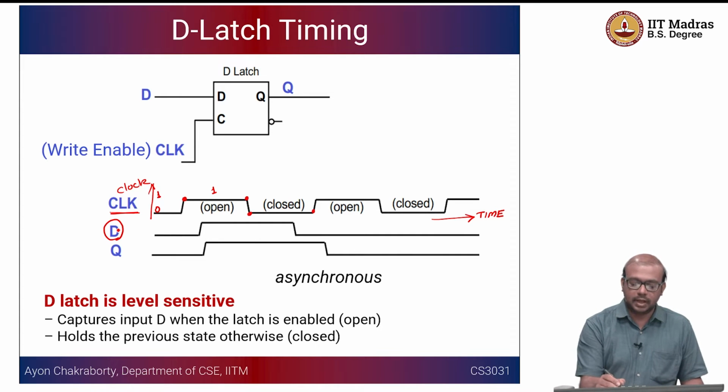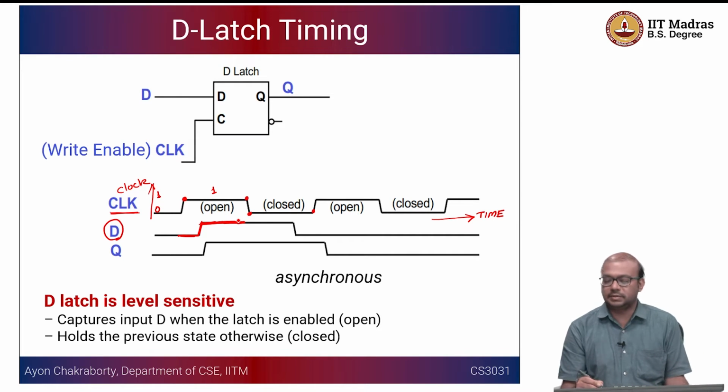This portion of the figure that I am marking with red, D's value should be reflected in Q, because at this time write enable was set to 1.